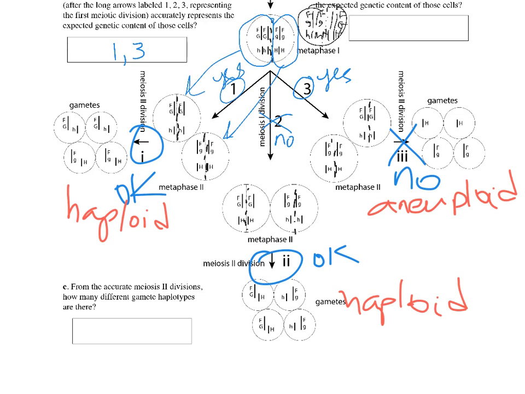One other really important comment about this, not important because I say it's important, but important because everything else we're going to do in class builds on it: are these gametes genetically identical to each other?